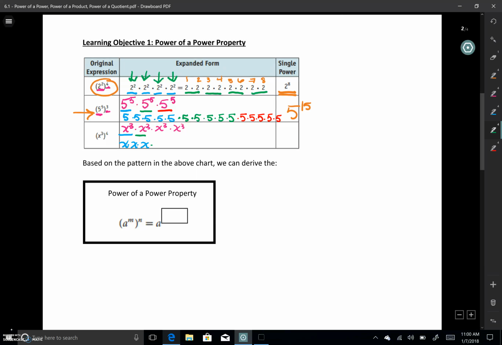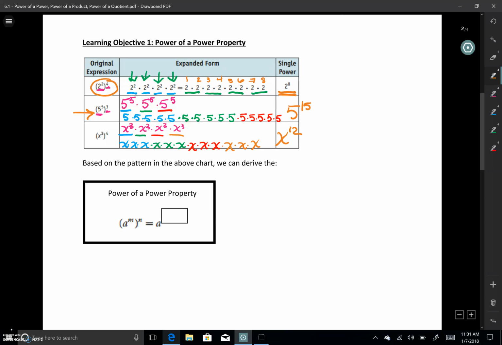For this guy, x times x times x. For this guy, x times x times x. And then finally, one more set of x times x times x. And if I count them all up, I get x to the 12th.